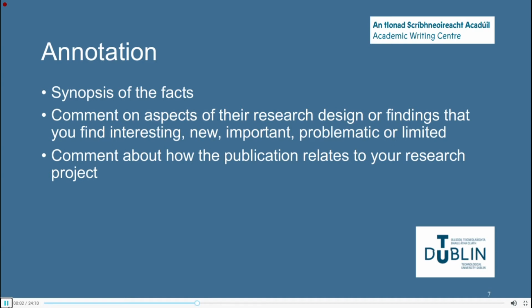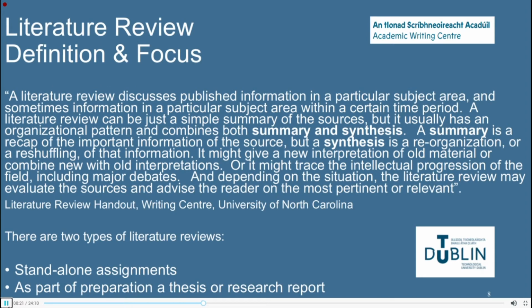It allows you to comment on aspects of what you're reading and how it connects directly to your research project. How does it complement it or contradict it? So comment on how it relates to your own research project.